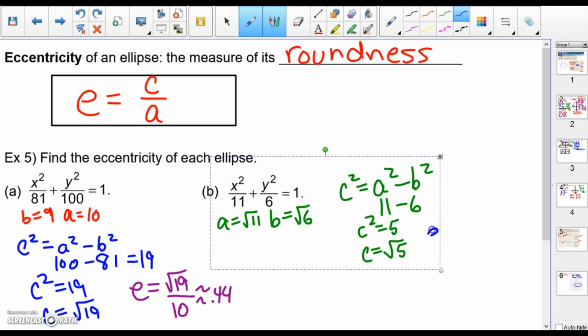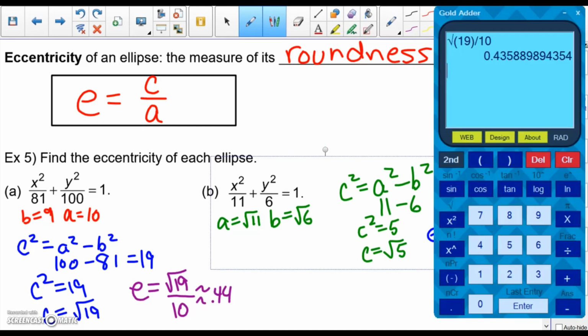So we find the eccentricity is going to equal that value over the A value, square root of 5 over, well, it's not 11, it's the square root of 11, because E equals C over A, and the A is that square root value.